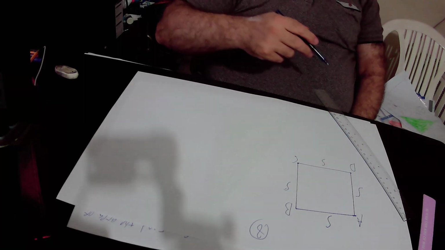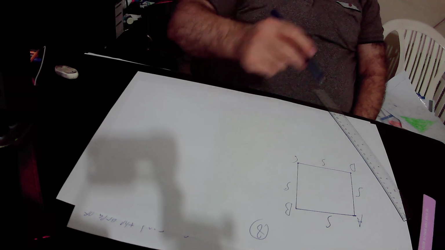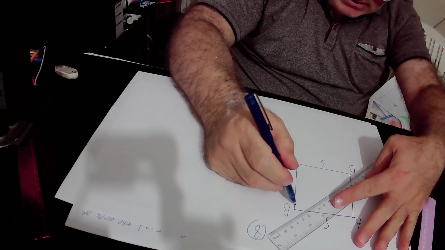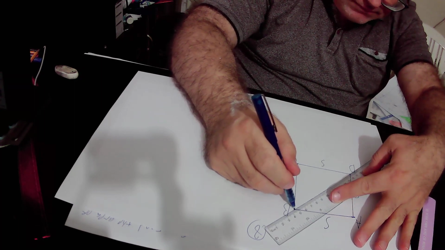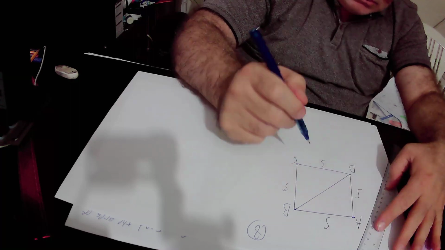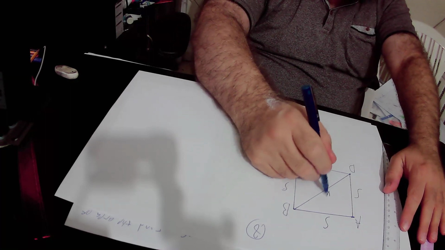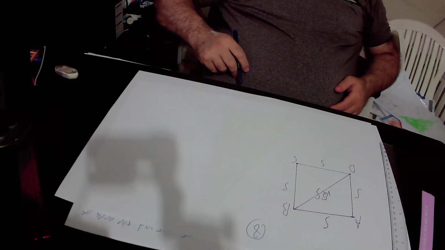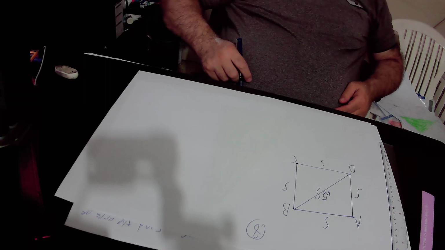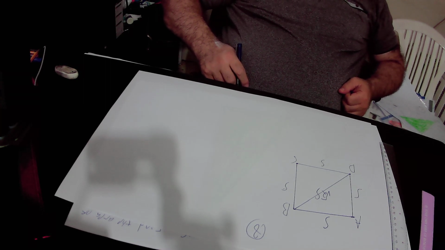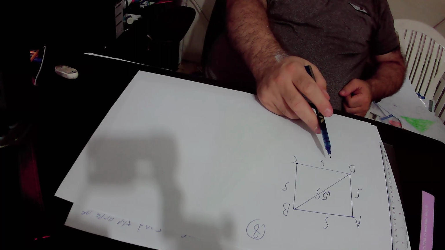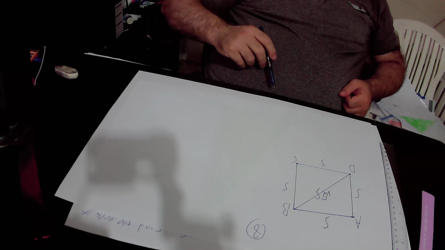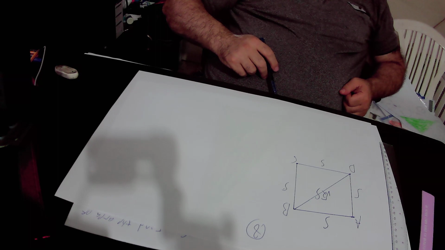So if the length of a side of the square is equal to S units, then the length of its diagonal, that is to say the length of diagonal BD, will be equal to square root of 2 times S units. Okay? So if the side of square ABCD equals S units, then the length of its diagonals will be equal to square root of 2 times S units. Okay, that is the meaning of rule number 7.